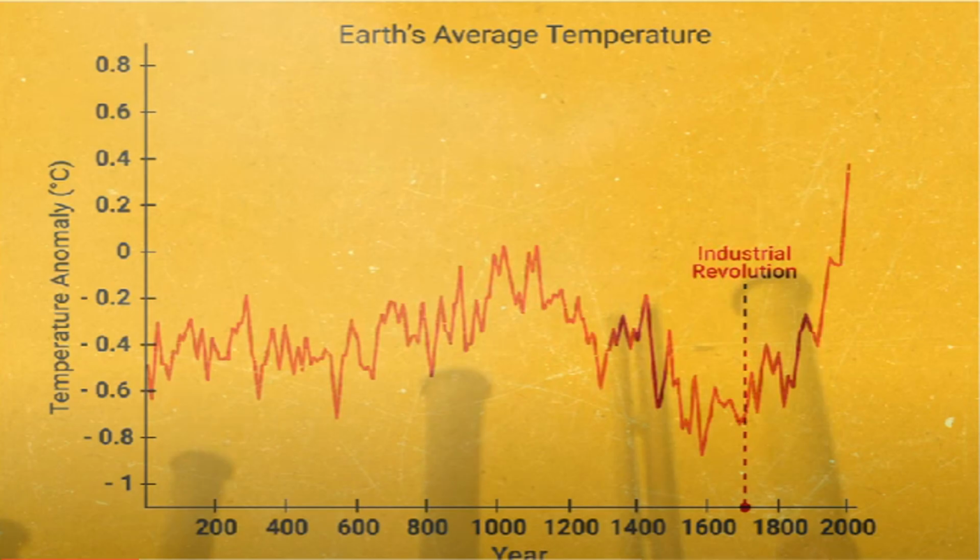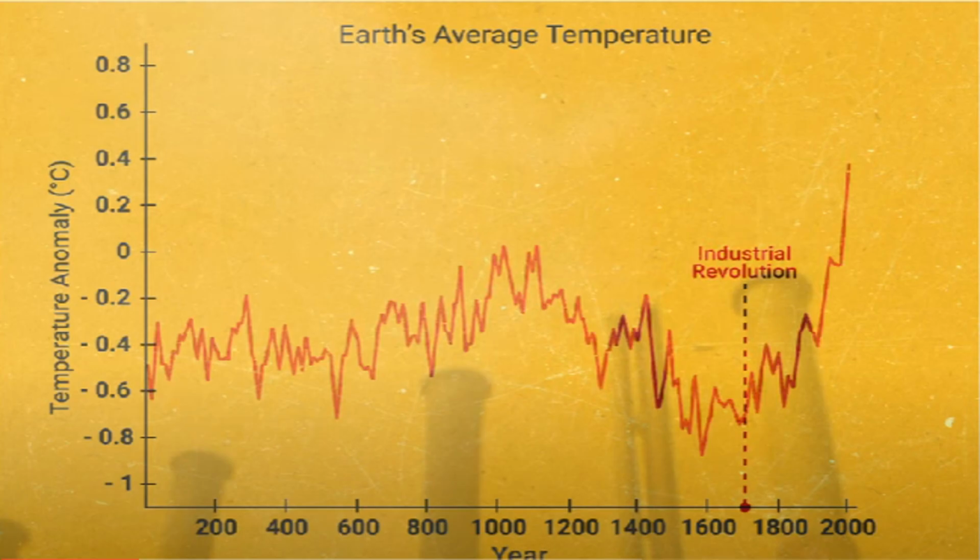This is a graph of changing temperature over the years. I have taken this graph from United Nations websites. It has two parts. Number one, the x-axis, on which the number of years is given, and number two is the y-axis, where we can observe the change of temperature. Basically, we have two periods. Number one, before the industrial revolution, and number two, after the industrial revolution.